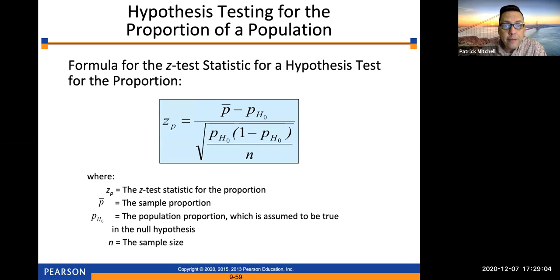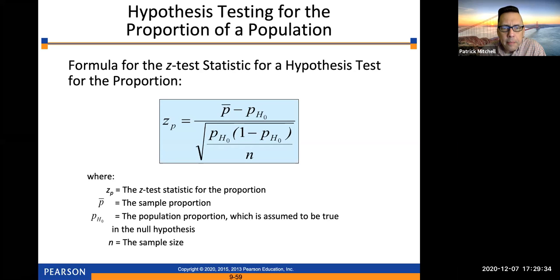And then the formula for the z-test statistic for a hypothesis test for the proportion, you see it right here. They call it z sub p, and it's p bar minus p sub h0 divided by the standard error of the proportion under the null hypothesis, which would be the square root of p sub h0 times 1 minus p sub h0 divided by n.